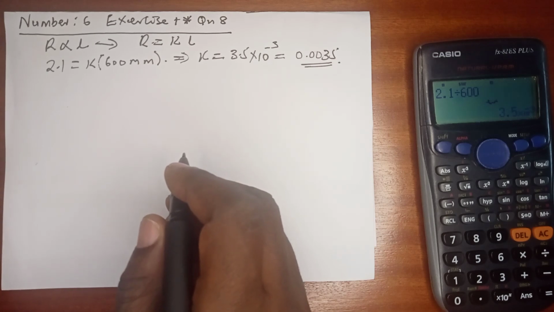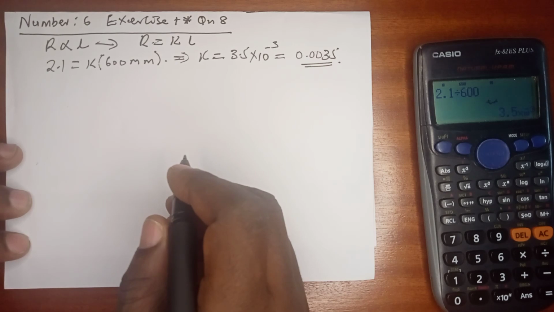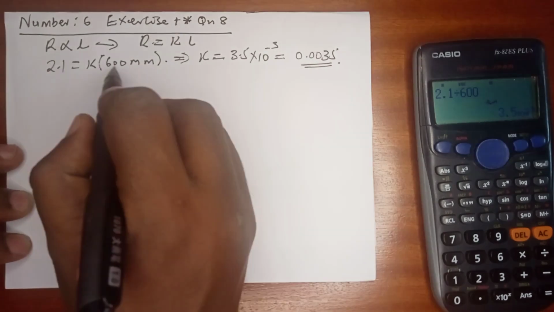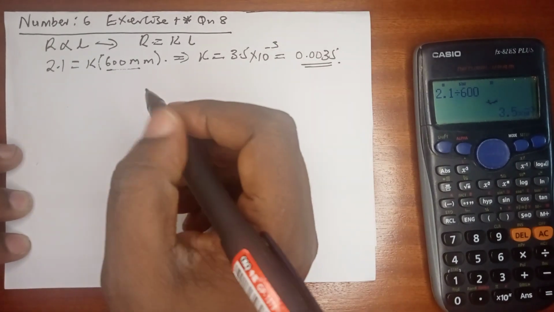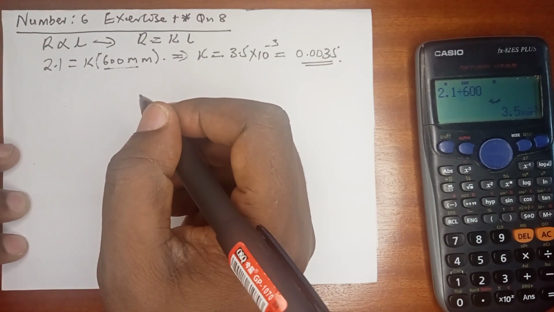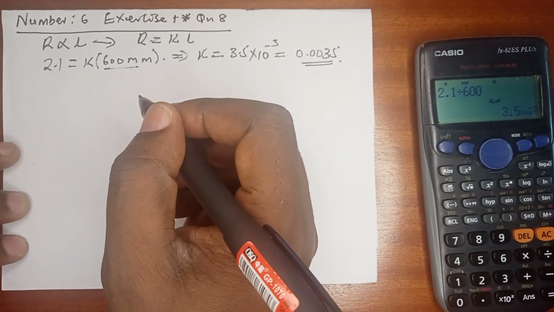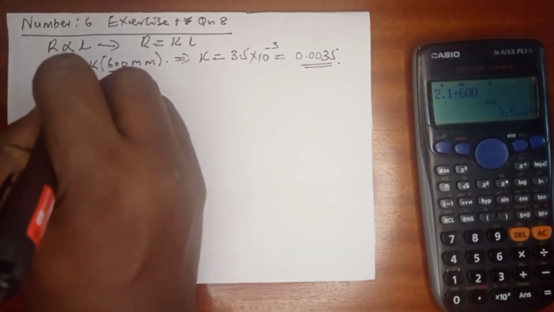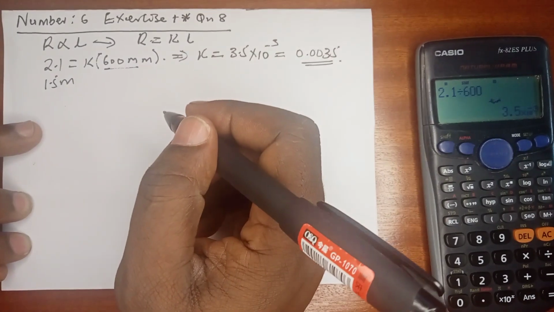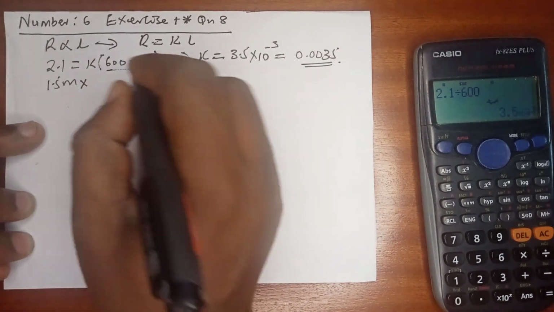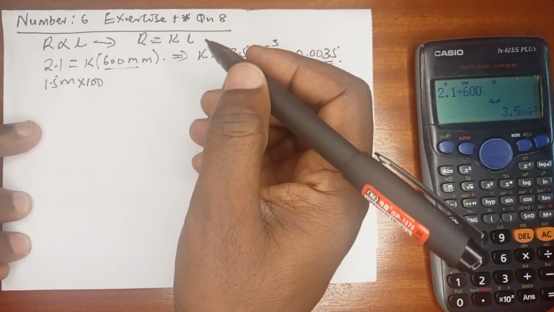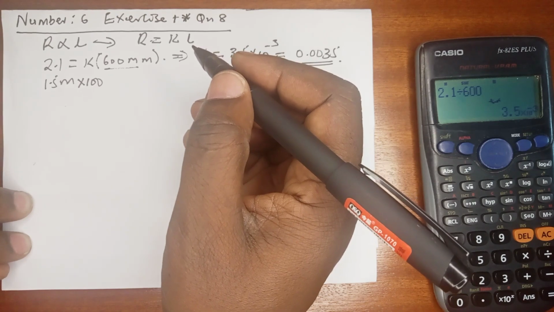So we go now to part A of the question. Find the resistance of 1.5 meter length of wire. Remember, the length that we were working with here is in millimeters, and now we have a length of 1.5 meters. So we'll have to convert these meters into millimeters. 1.5 meters to centimeters is multiplication by 100, because we have 100 centimeters in 1 meter.